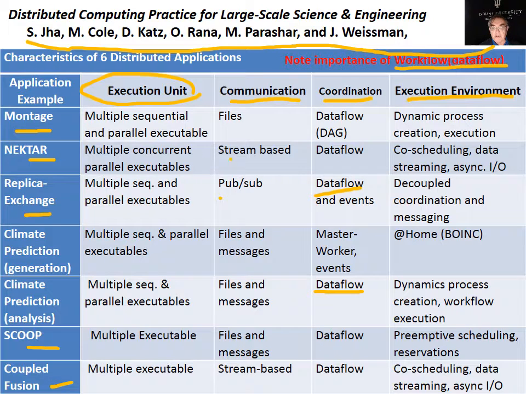Communication, we have streams, pub/sub, writing to files, sending messages, and that again points out how different programs do different things, sometimes because it's needed by the program, and sometimes because that's just what the people who developed it did. So these are all large-scale applications running on typically multiple supercomputers in a distributed fashion.